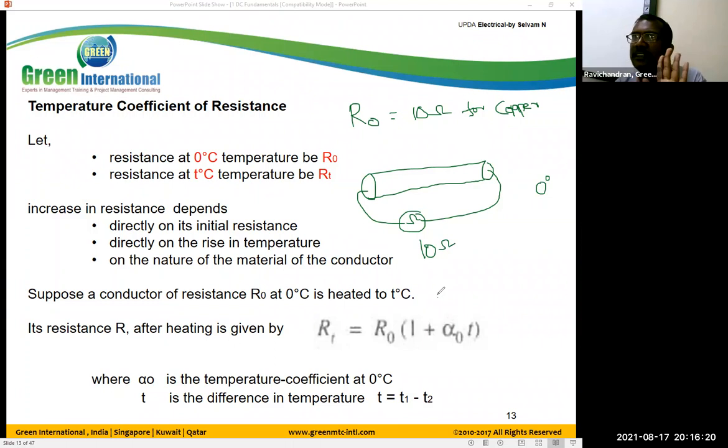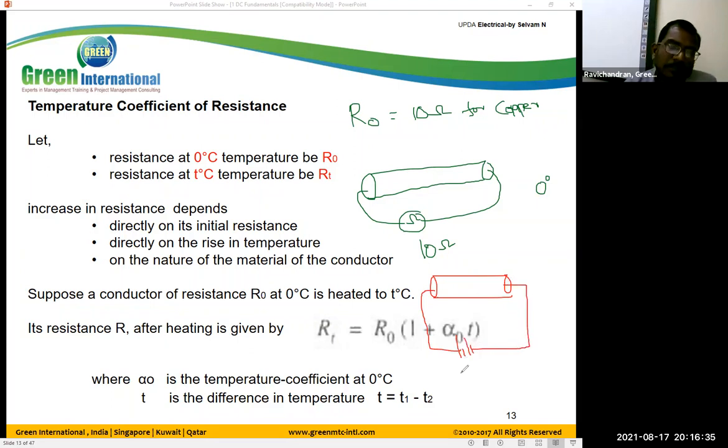Clear? Now, the same wire: I connect 100 volts to this wire and measure the current.